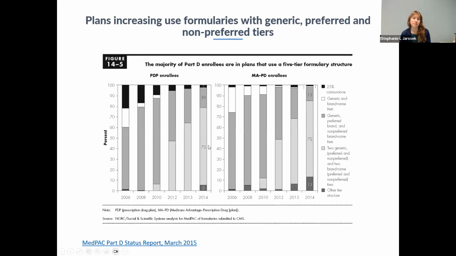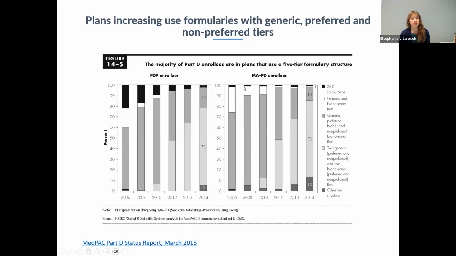The majority of plans are now using this 5-tier structure. This is an older graph from MedPAC, but I like it because it shows how things have changed over time. In the early years, there used to be fewer plans with a 5-tier structure. Sometimes they would just have a brand versus generic.